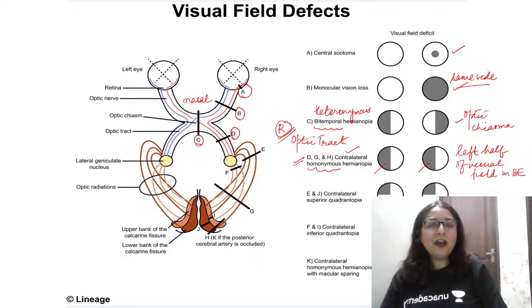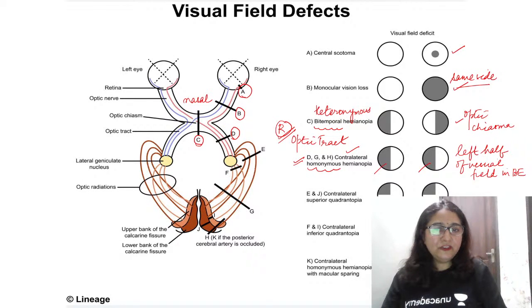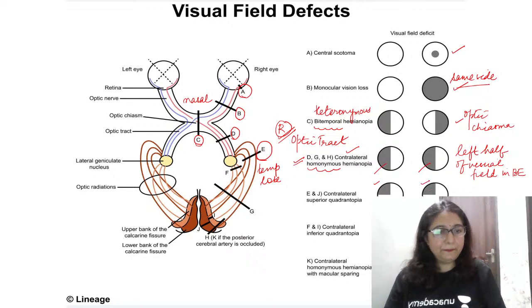Okay, now after the tract, if the lesion is in radiations, okay, so first of all, if the part of the radiation which was in the temporal lobe is affected, now the temporal lobe fibers are responsible for the superior field. So if the lesion is in that part of optic radiation, we get a quadrantic effect.